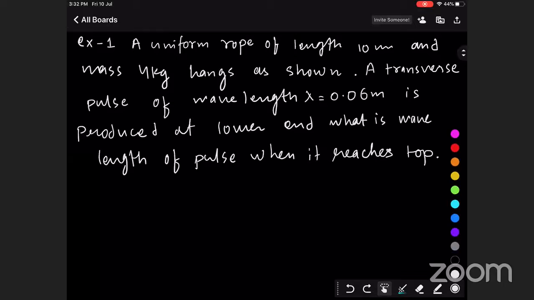देख लेते हैं, डायग्राम बना देता हूं। This is the rope.